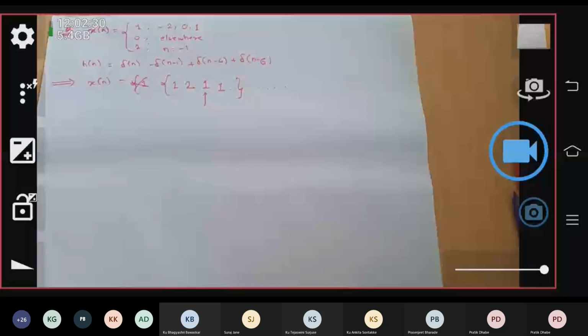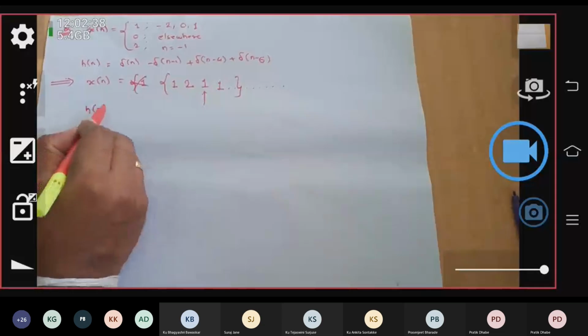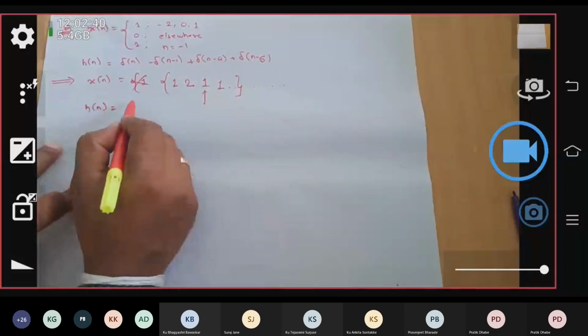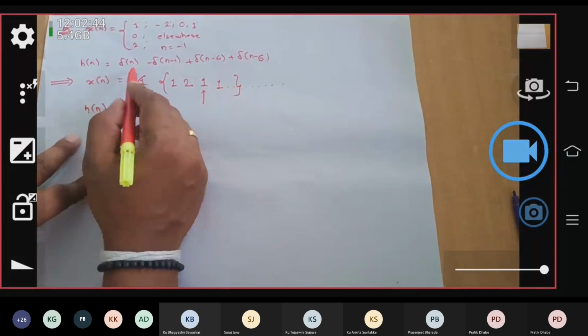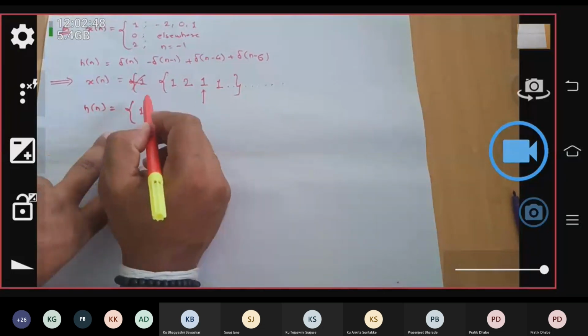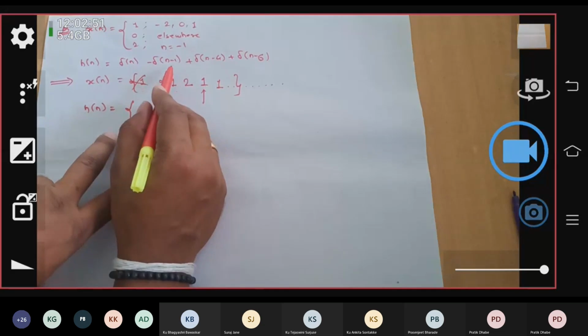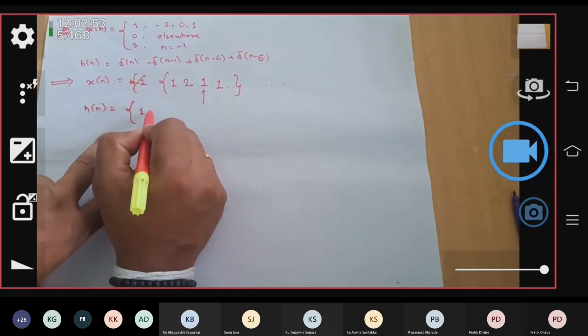Yeah, this is the question you have. You will get x of n something like this, and h of n is what? What is impulse del of n? This is 1. So the first sample is 1. The second sample is minus del of n minus 1, so this is minus 1.